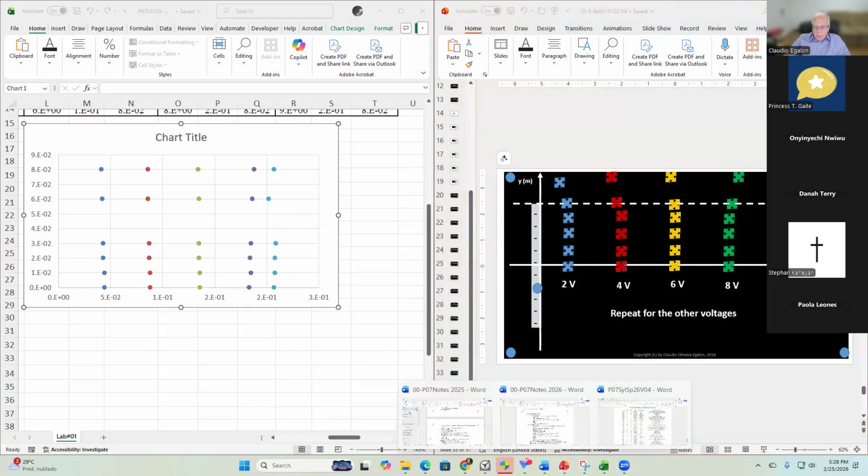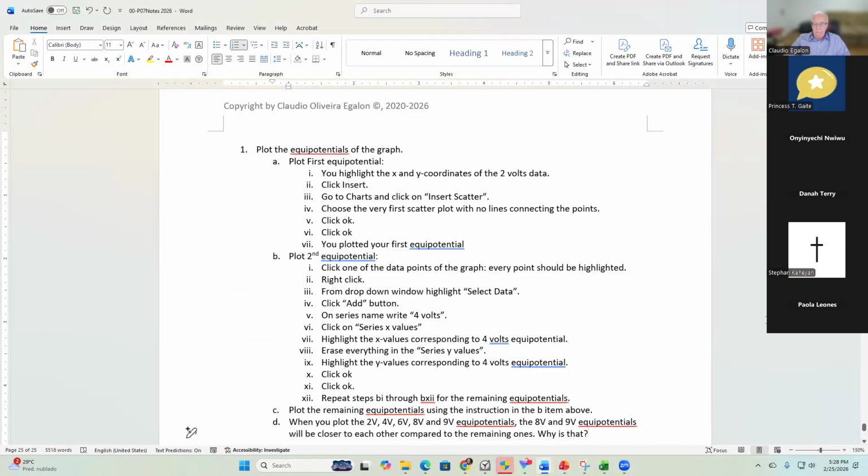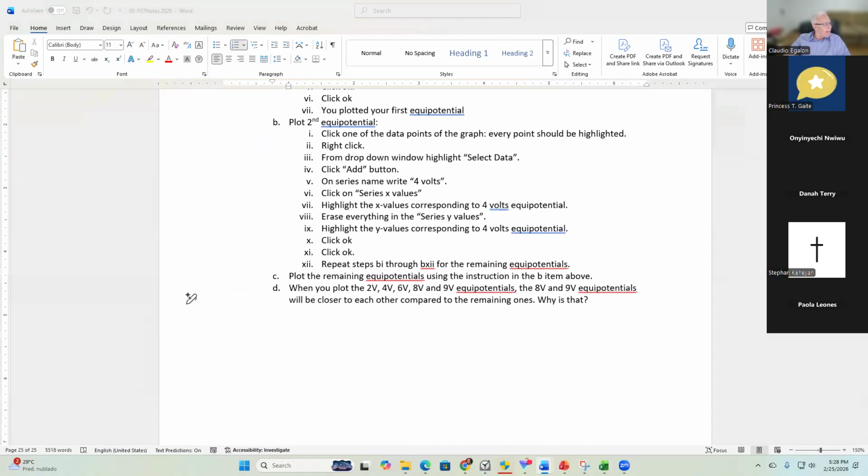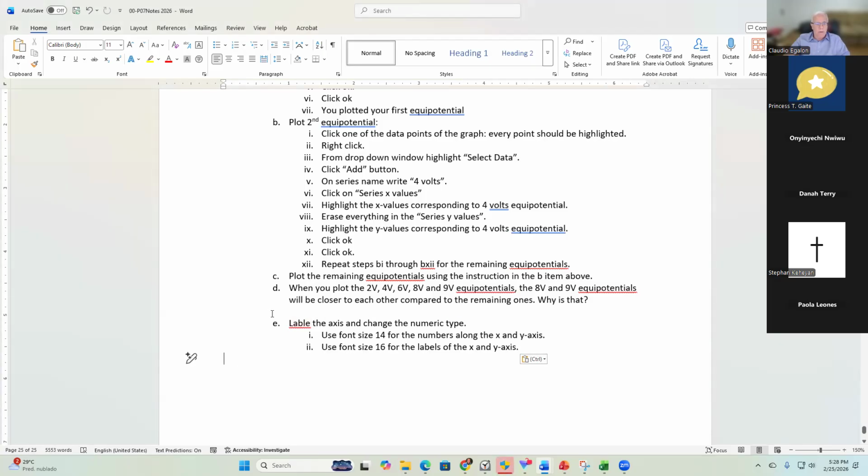Okay, so now you have to make this graph look nice. Okay, gotta make this axis look nice, this graph look nice. Don't leave it this way, okay? Work a little bit on that.